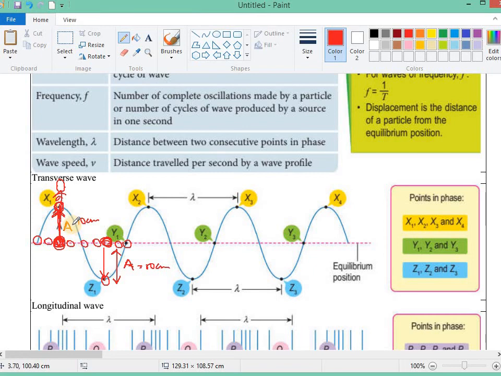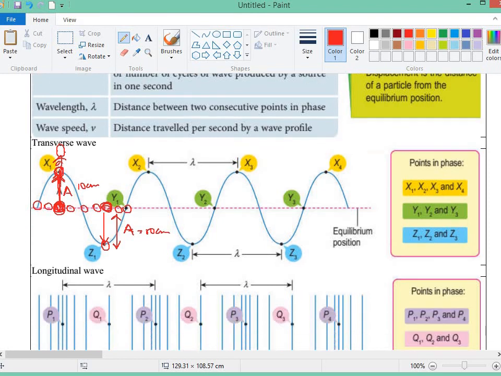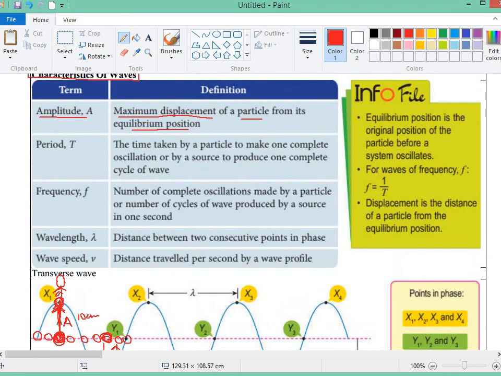For light, if the amplitude of the light wave is higher, that means the light will be brighter. So higher amplitude, more energy. Get the idea? Okay, so that is amplitude.